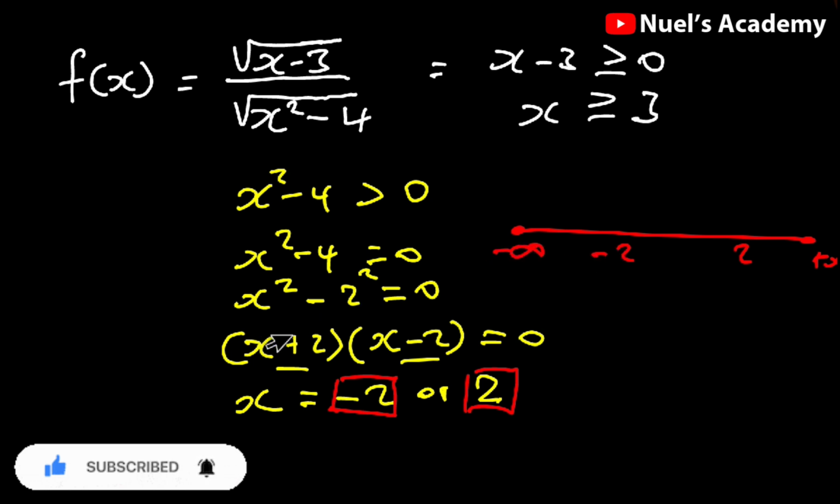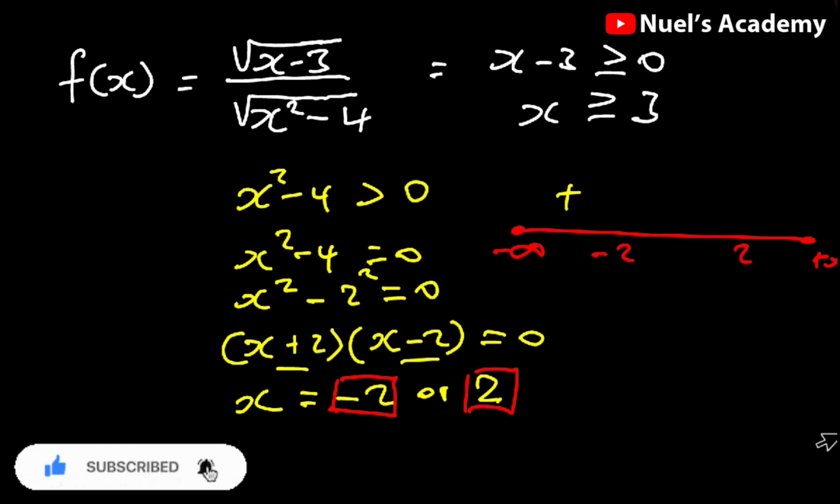If you put minus 10 here, minus 10 plus 2 is going to be a negative sign. Minus 10 minus 2 is also going to be a negative sign. Minus times minus is going to be equal to plus. So here it gave us a positive sign, which is greater than 0. This positive means that the number we're going to get here will be greater than 0.